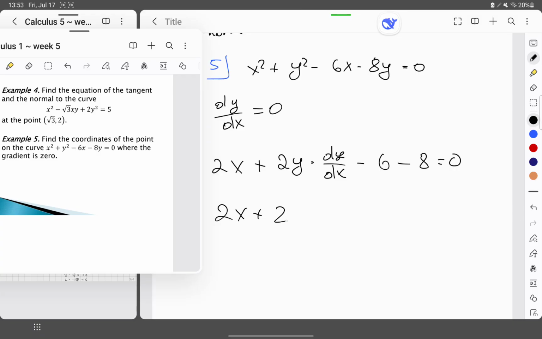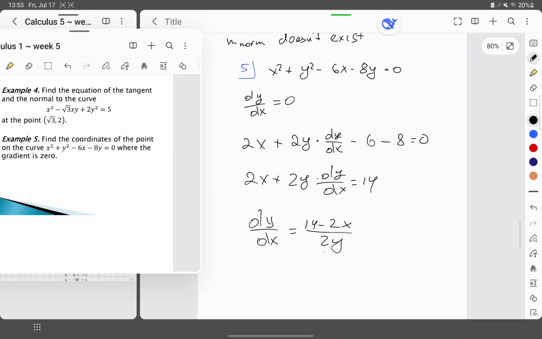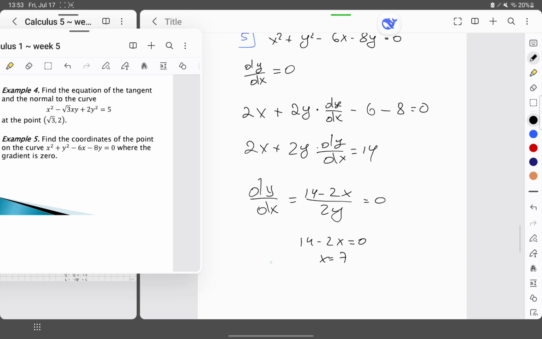2x plus 2y times dy over dx will be negative 14, so that will be 14. So dy over dx will be 14 minus 2x over 2y. And it will be 0, so x will be 7. What about y?